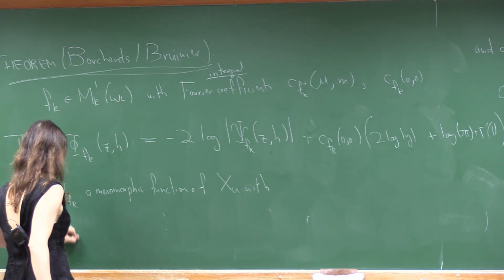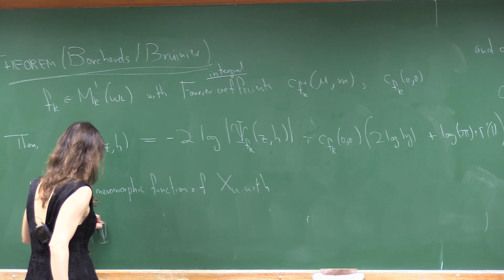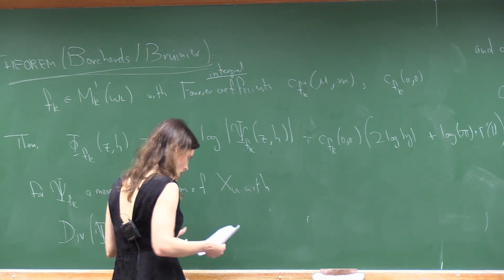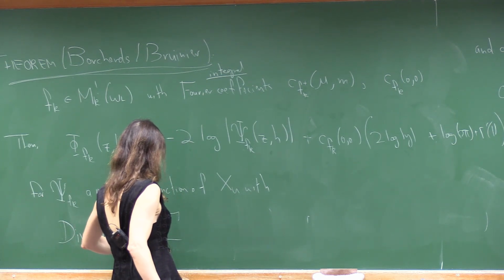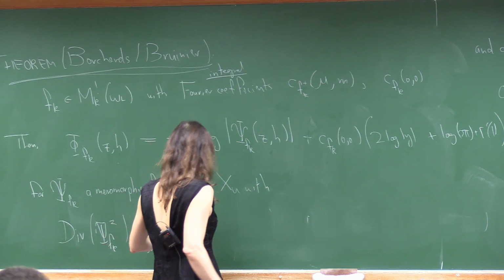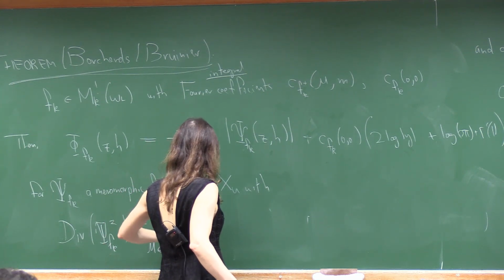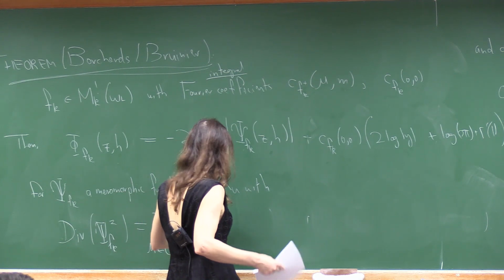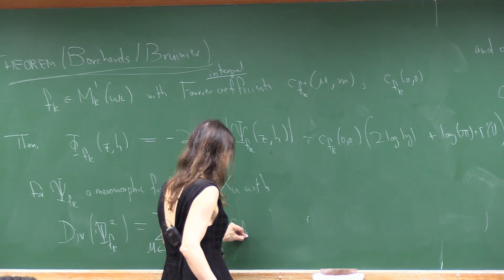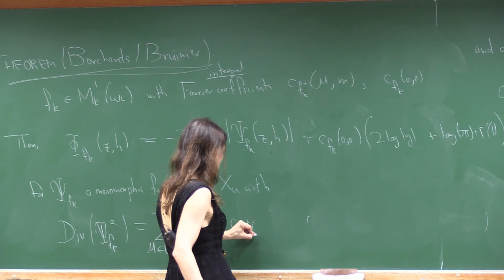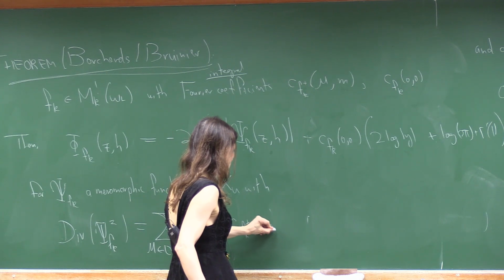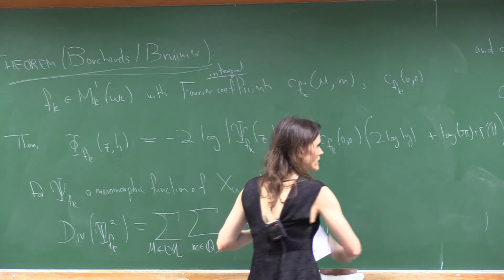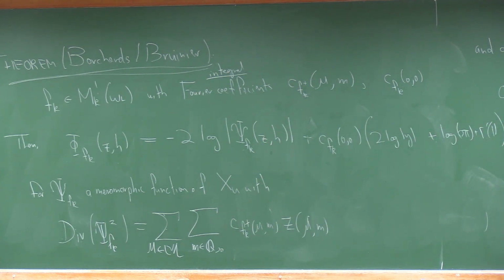This is Borcherds' theorem. The divisor of this is given by a linear combination over the cosets of the dual lattice mod the lattice, times the sum over positive integers of the integer Fourier coefficients of the positive part of the harmonic weak Maass form, times some special divisors, which can be defined intrinsically in terms of the Shimura variety.